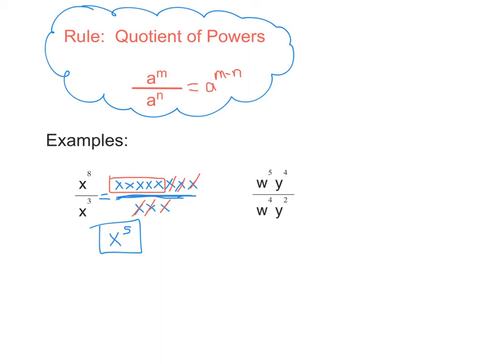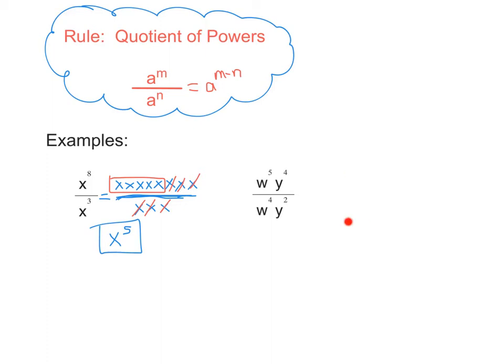And that is, I like to say if you have a base on the top, let's say w, and the same base on the bottom, w, what I like to ask to simplify this is, where do we have more w's? Because if we wrote this out, it would be 5 w's multiplied together, and if we wrote this out, it'd be 4 w's multiplied together.